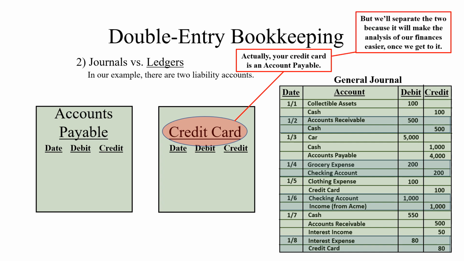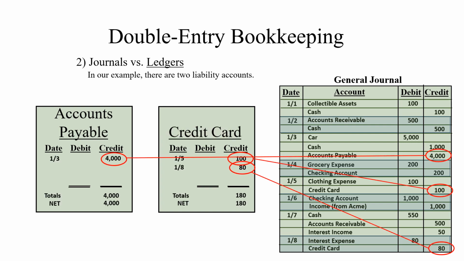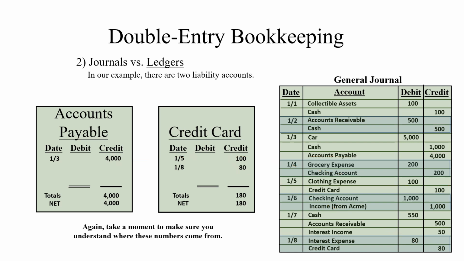But let's keep the credit card separated from our other payable accounts because that will make the analysis of our finances easier once we get to it. Here are those numbers being transferred from the journal to the ledgers. Again, take a few moments to make sure you understand where these numbers come from. Pause the video if you need to.